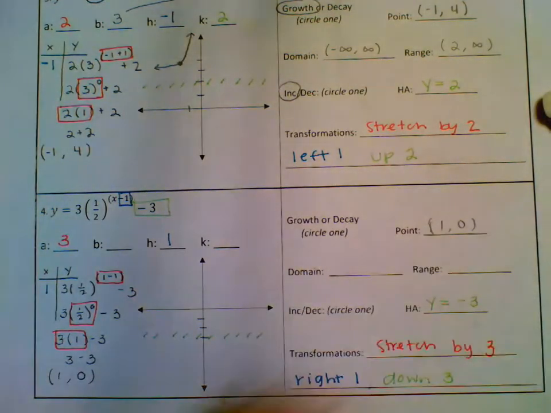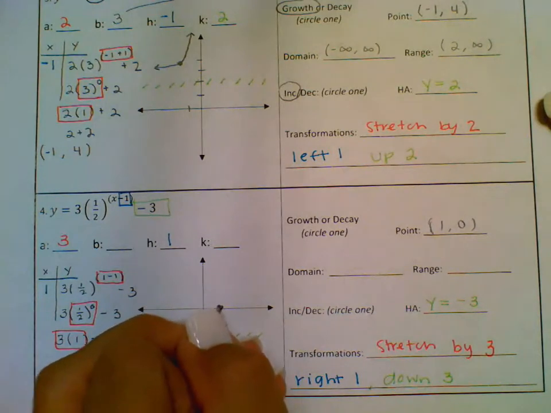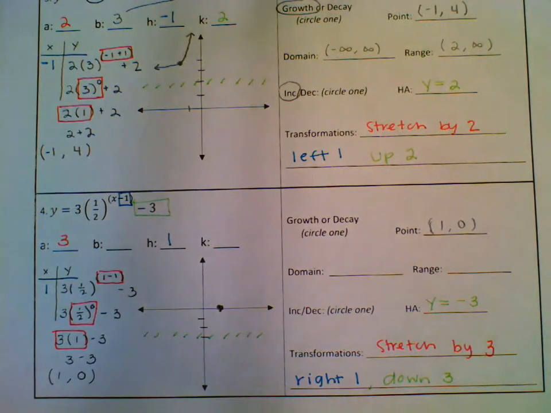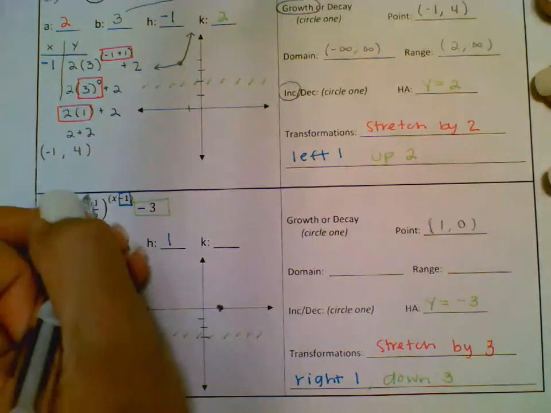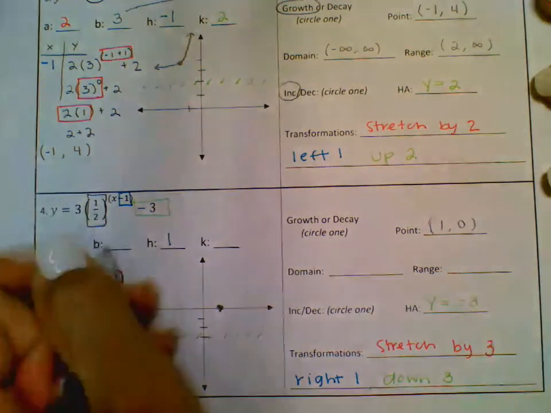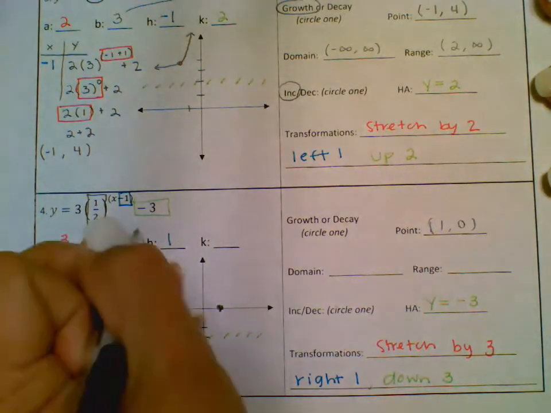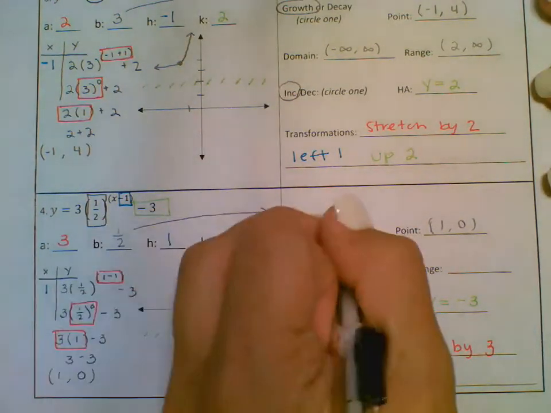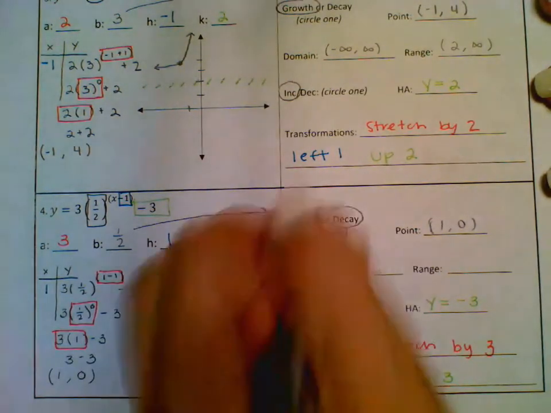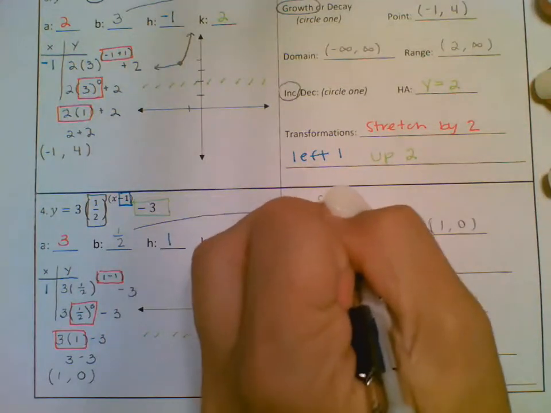And this does make sense with my problem because there is no reflection, so my point should be above the asymptote. And it's more above the asymptote than just one box because of the stretch. All right, looking at my B value, my base is 1/2. So that tells me that this is decay. And decay starts far away.